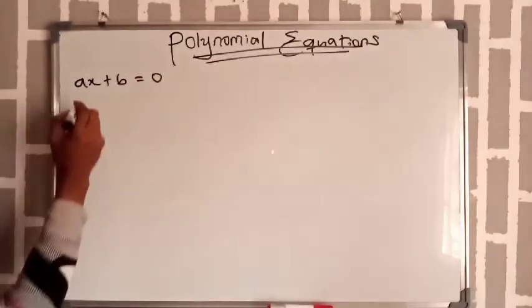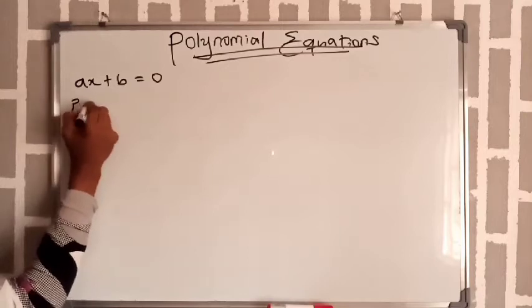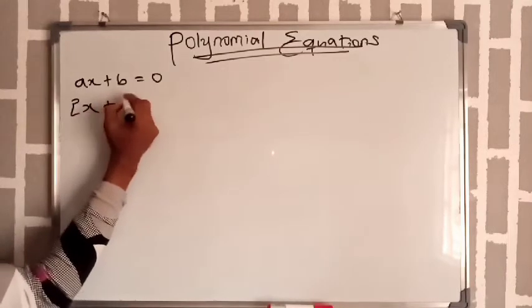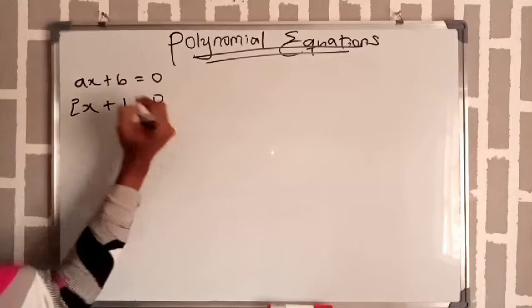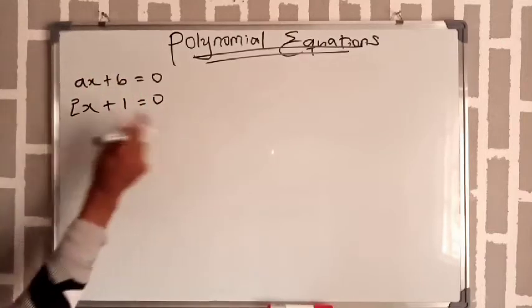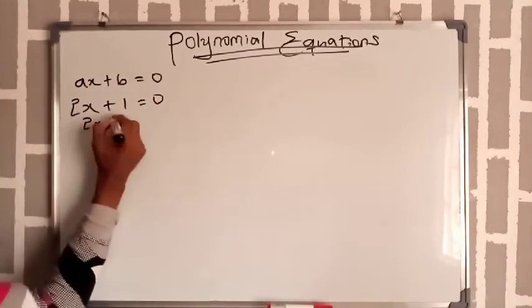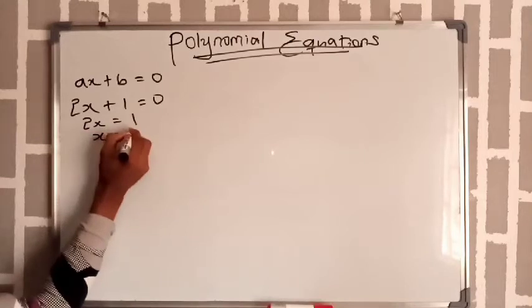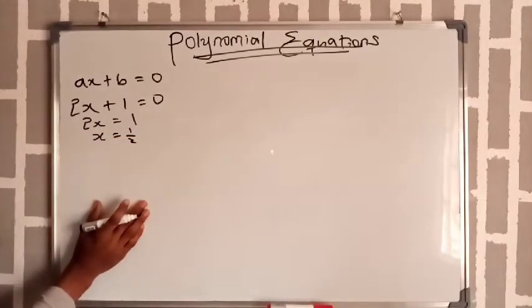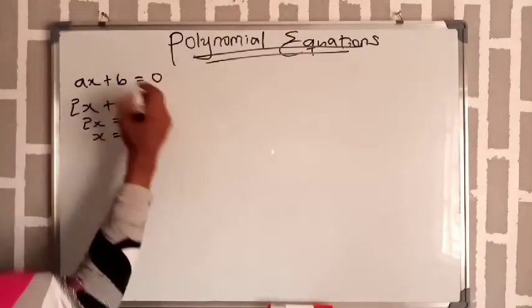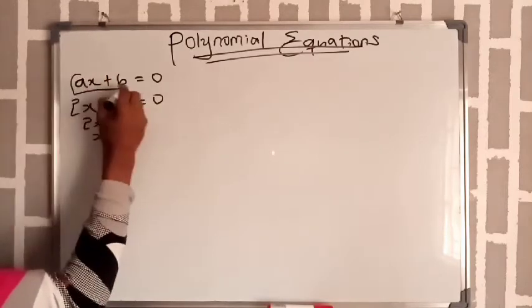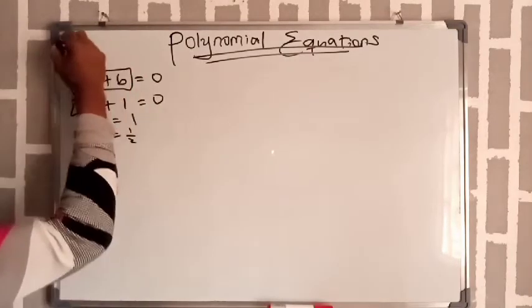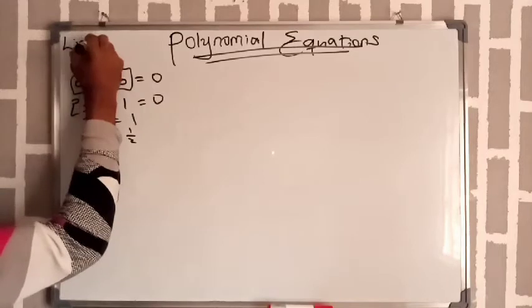Let's take for example 2x plus 1 equals 0. This is a linear polynomial, so 2x equals -1, then x equals -1/2. This is how simple it is.